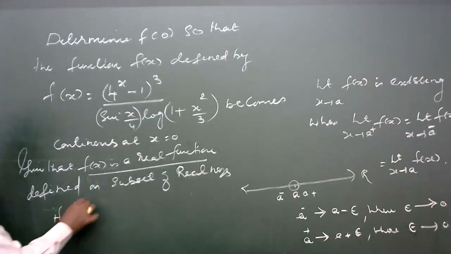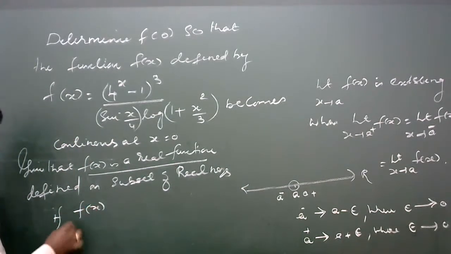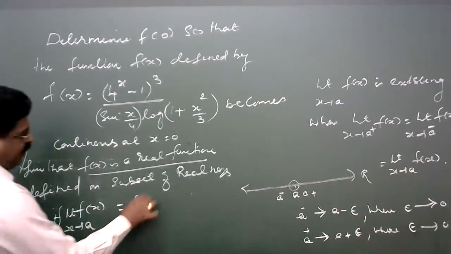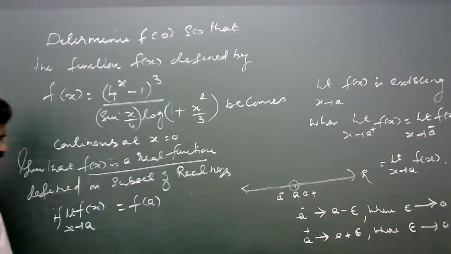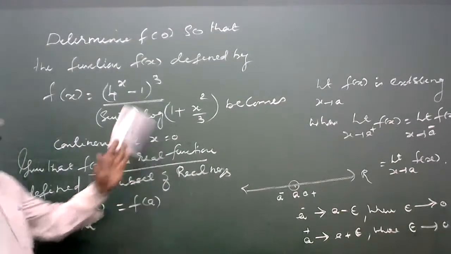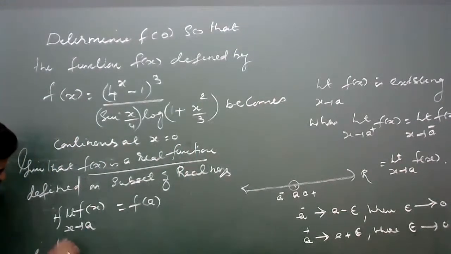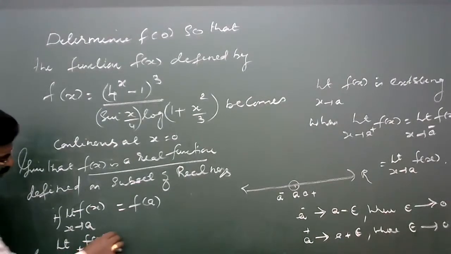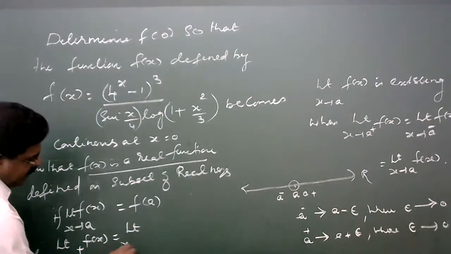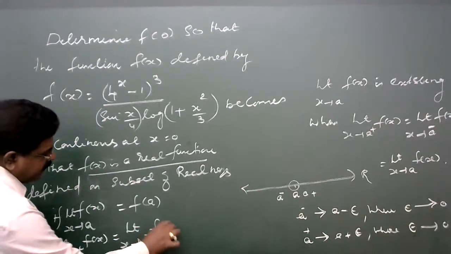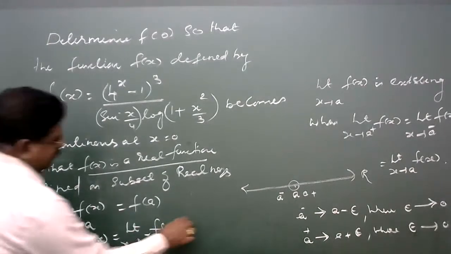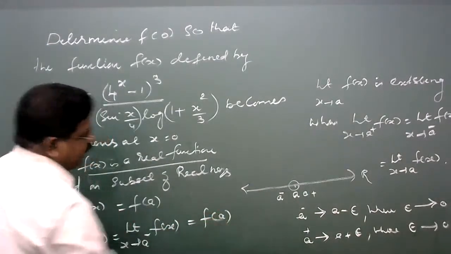And if the limit x tends to a of f of x is equal to f of a. First condition, the limit should exist. That is, the limit x tends to a plus f of x is equal to limit x tends to a minus f of x, that is equal to f of a.